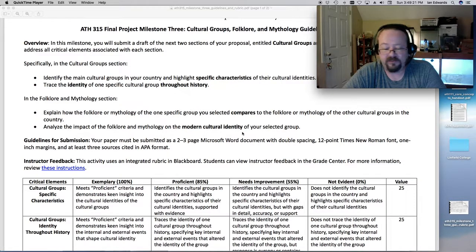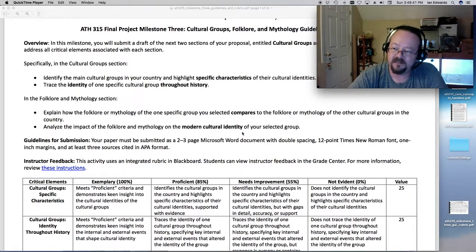They have stories about key values. They cite the coyote as a trickster figure, and I can't go into details right now, but yeah, that should help you understand. Look for the specifics, a specific myth of your group, and then compare it to another group in your country.